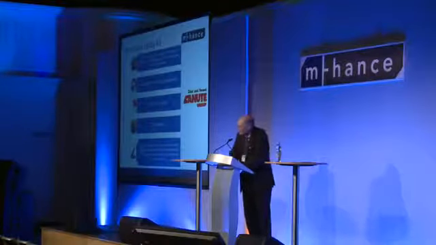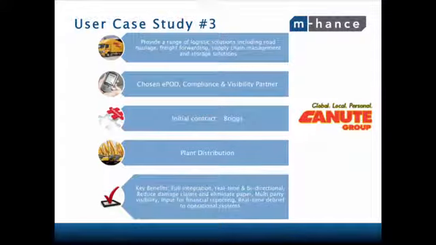The final case study is Canute. Canute are a third-party logistics operation. Canute are implementing proof of delivery as a value-add service to their customers. So this is helping them maximise their service level to the customers. But what they're also doing is, because this provides single point visibility, they're starting to offer customers a shared environment.